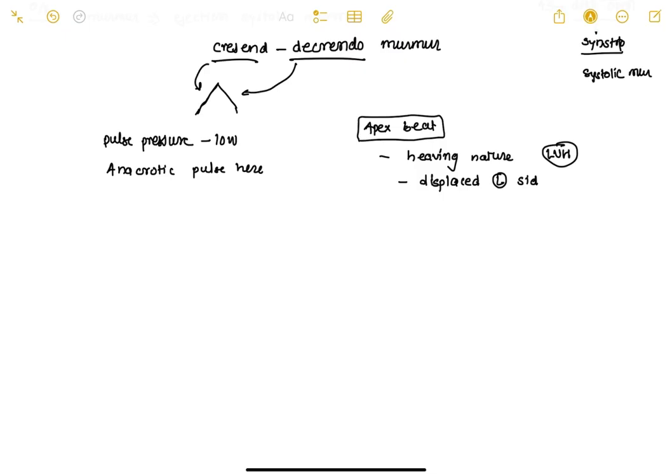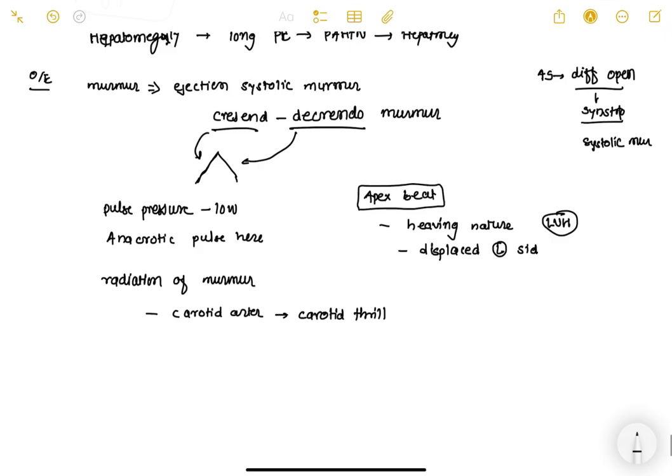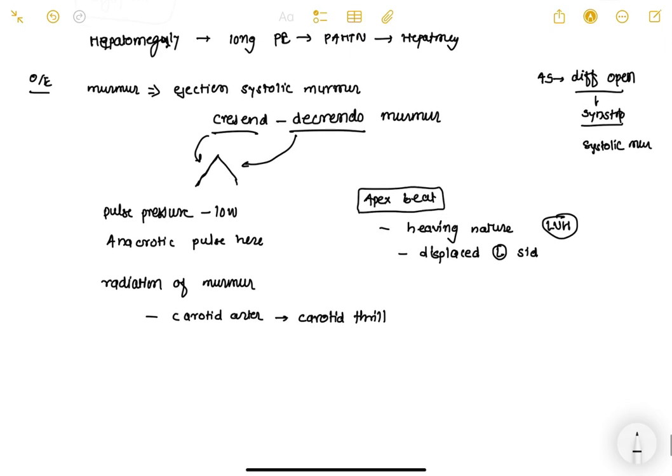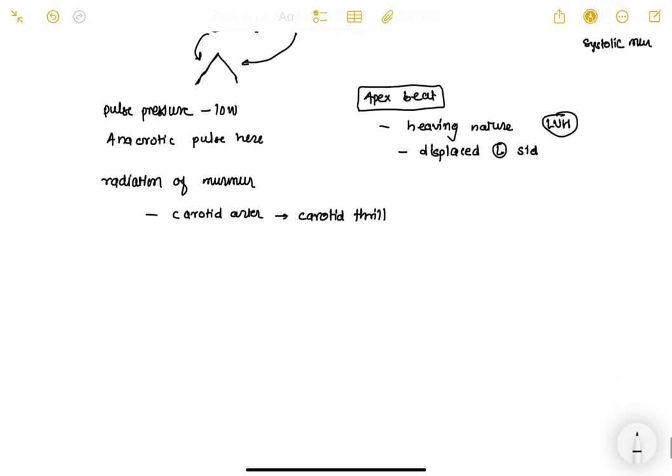Okay. What about the radiation of the murmur? We can appreciate it in the carotid artery, and it is known as carotid thrill. So the radiation of this murmur we can appreciate in the carotid artery, and there we call it a carotid thrill. Then what about the S2?